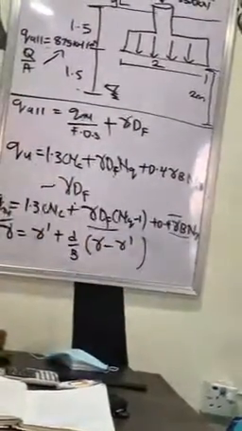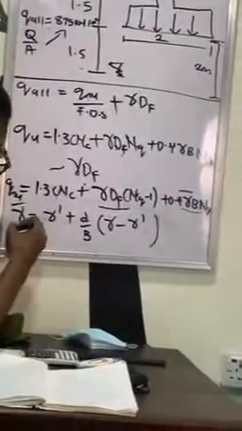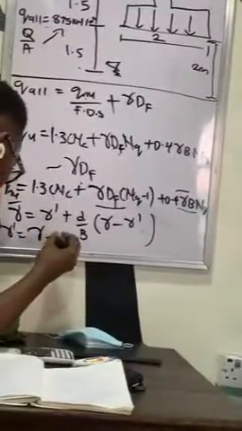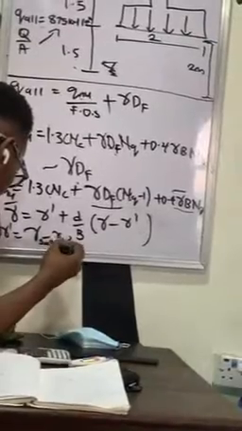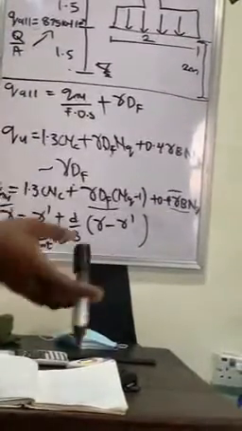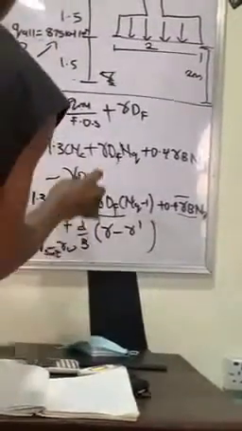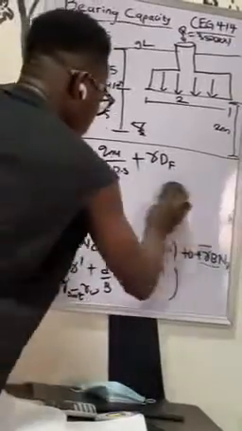Again, in this question, we're not given a gamma saturated. So we have to improvise and use our gamma prime to be equal to our normal gamma minus gamma water. That is, we are saying that our gamma saturated and normal gamma are the same.